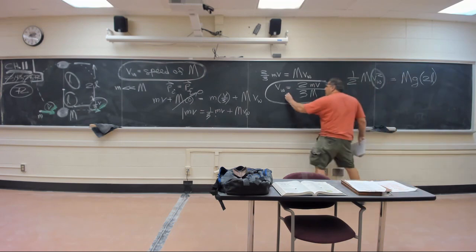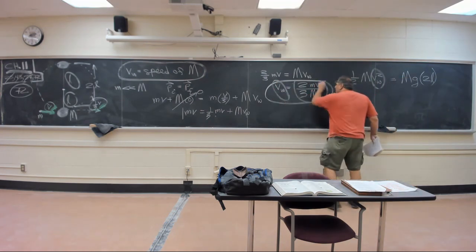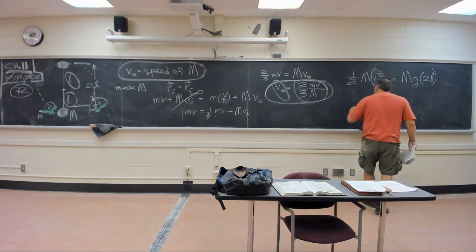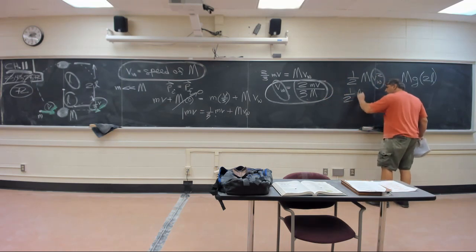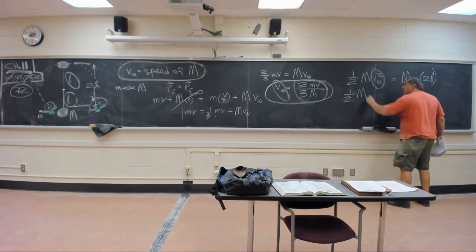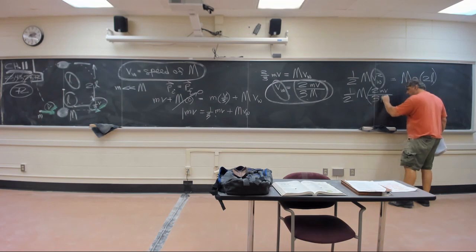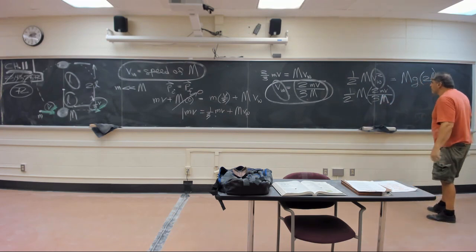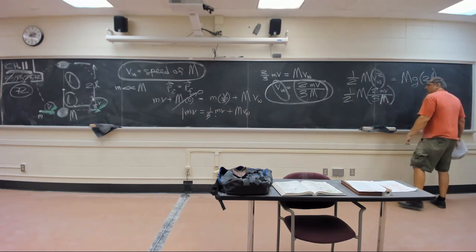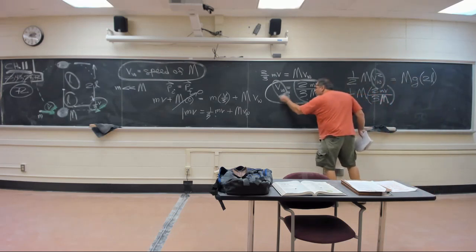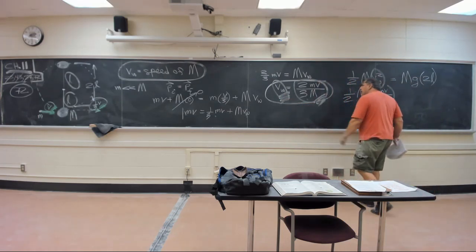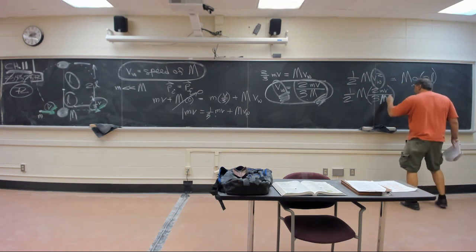Put VW as this, and then square it. VW is this. VW squared is this squared.